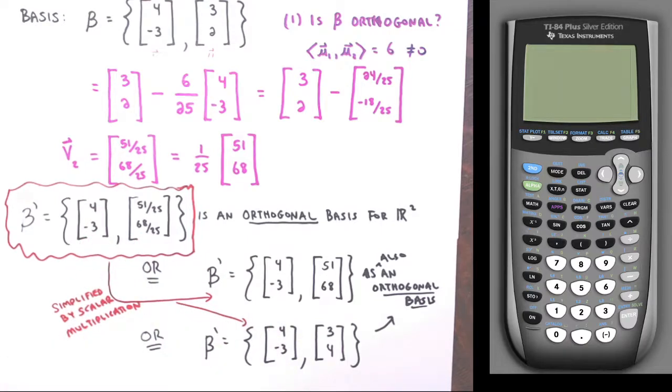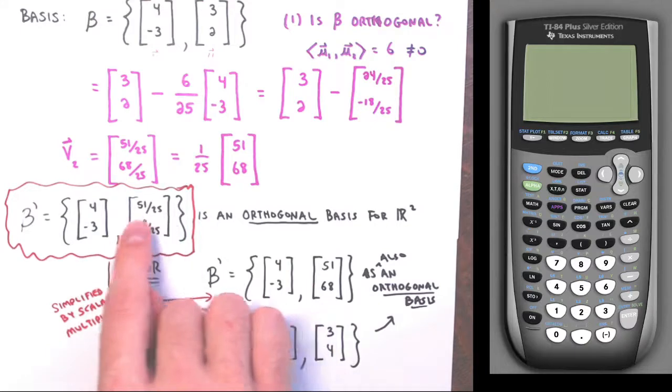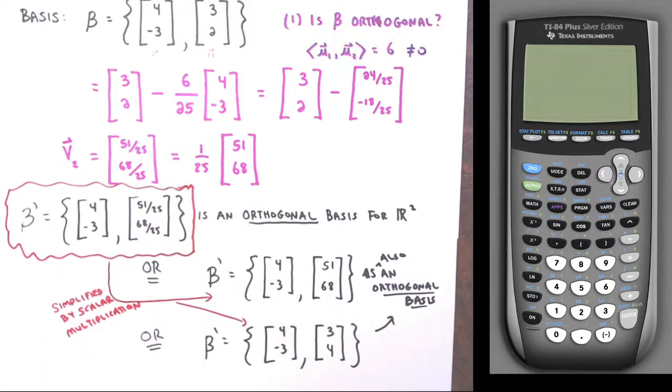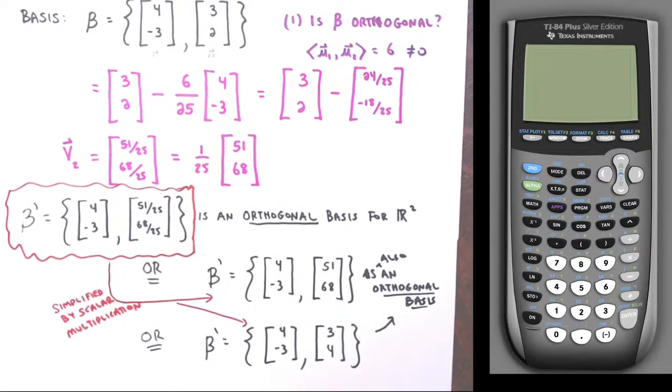That's 0. And then down here, just 204 minus 204, 0. 12 minus 12, 0. So like I said, if you have an orthogonal set, you can simplify things if you wish through a scalar multiplication. Just multiply vectors by scalars to make them nicer looking, and you'll still have an orthogonal set.